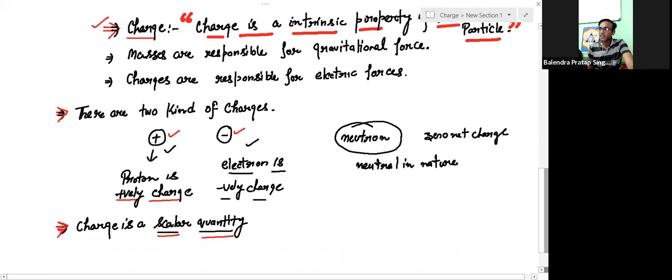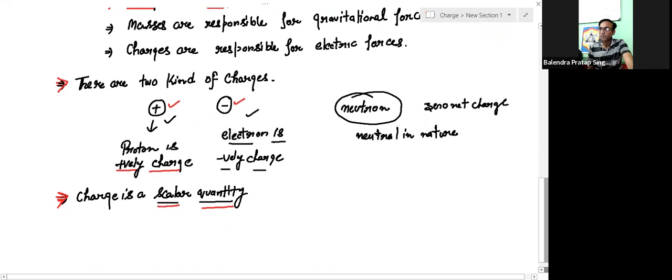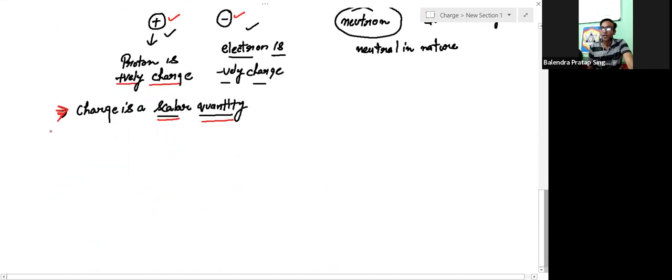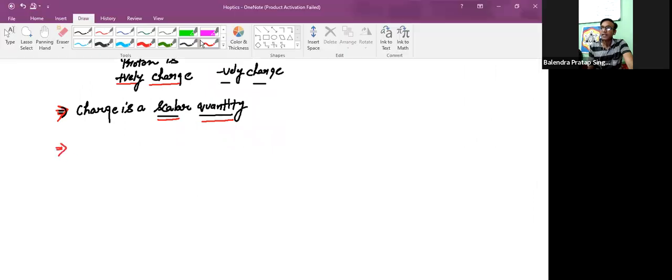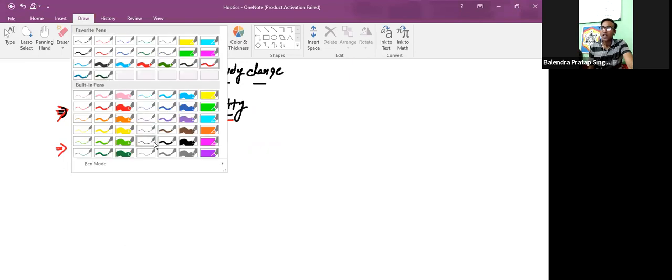Another important point I'm going to tell you is the SI unit of charge.